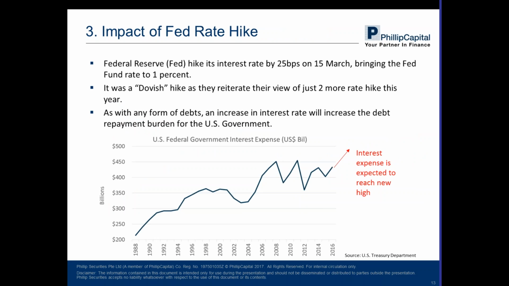So another big thing that happened last week was the Fed rate hike. We all know that they have now raised their interest rate to 1%, which was a quarter percentage point increase from the previous one. However, the market actually feels that this is a dovish hike, as the Federal Reserve and Janet Yellen herself reiterated that they view two more hikes this year.